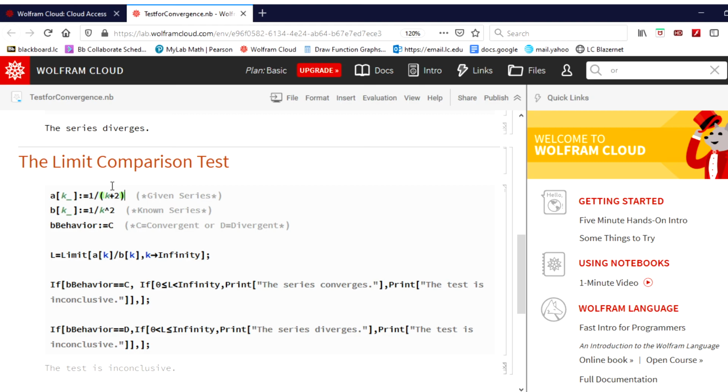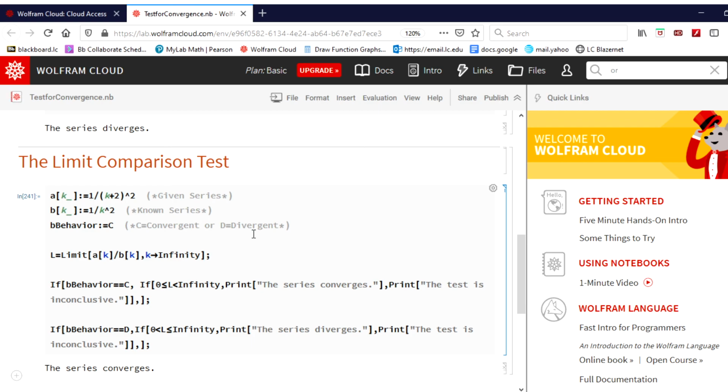If I think of these 2 series, 1 over k plus 2 squared and 1 over k squared, the given series could be shown to be convergent using the limit comparison test, or even using the comparison test, is where I meant to go with that. And notice you do get a convergent result also from the limit comparison test.